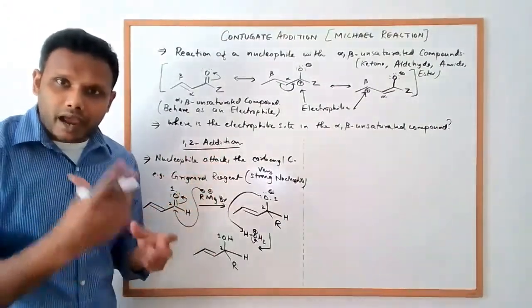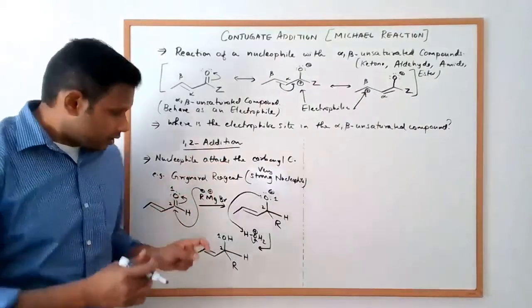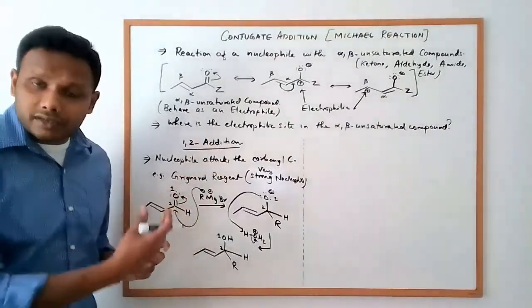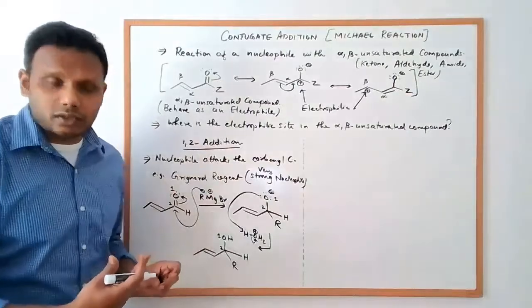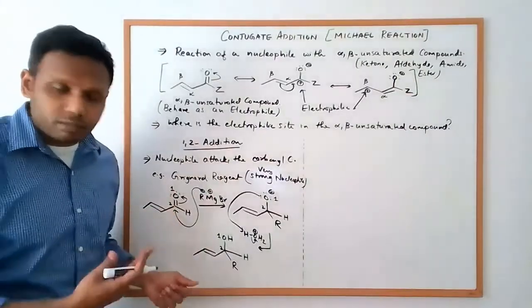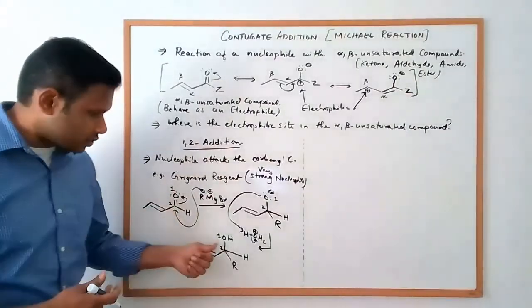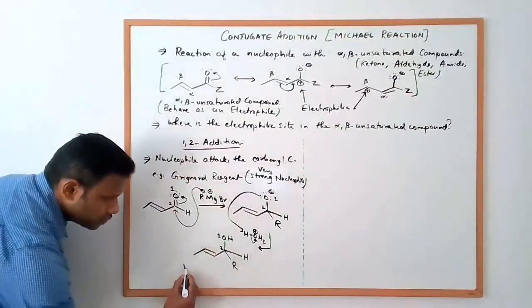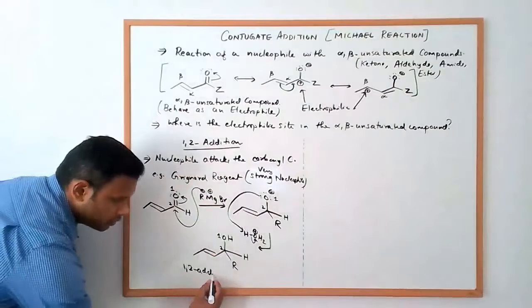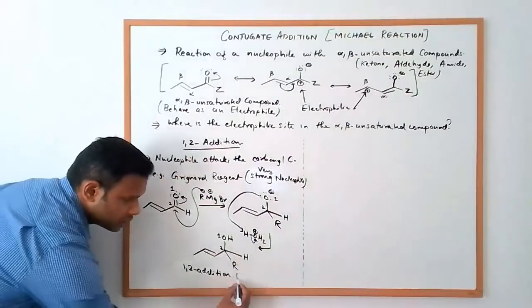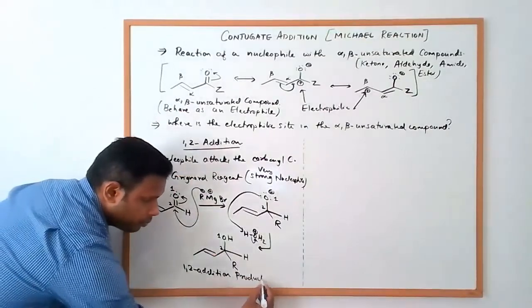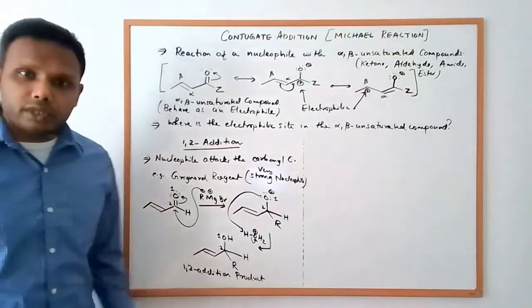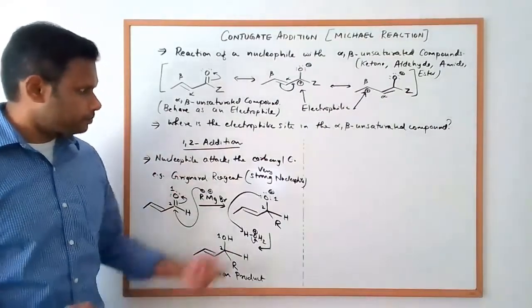That means you're adding to two atoms that are adjacent to each other, in fact bonded to each other, engaged in a double bond. So we will call this the 1,2 addition product because we're doing a 1,2 addition here.